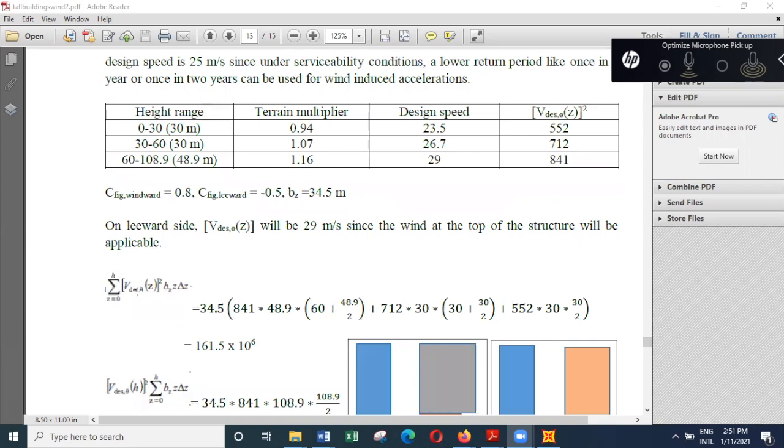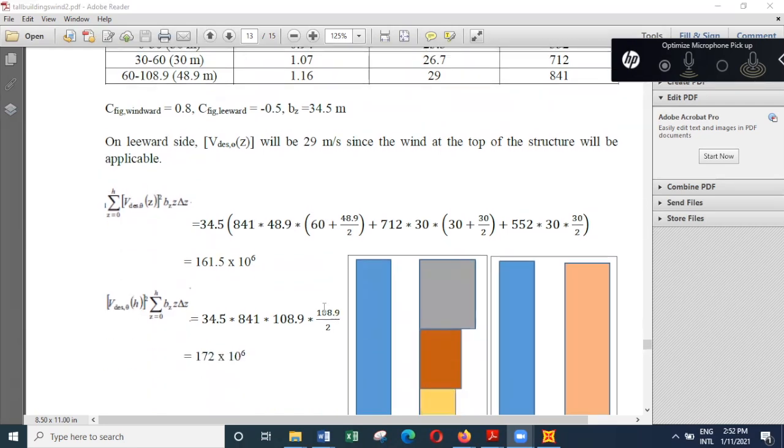So this value is equal to, first we get the breadth of the building, so I can take it out, 34.5, and then I get V design theta z squared, 841, multiplied by the height component, the height of the section, that is 60 meters to 108.9, that is 48.9 meters, multiplied by the distance to the centroid from the bottom.